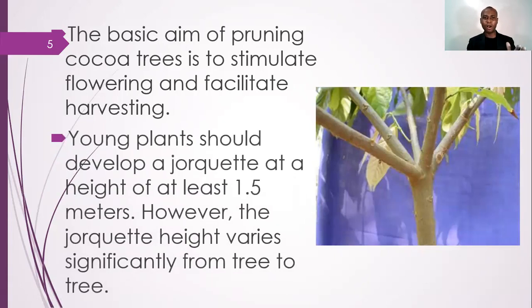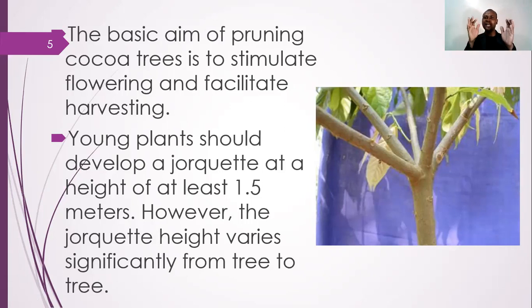Young cacao trees should develop a jockey at a height of around 1.5 meters. So the first branch formation should not be allowed below 1.5 meters.